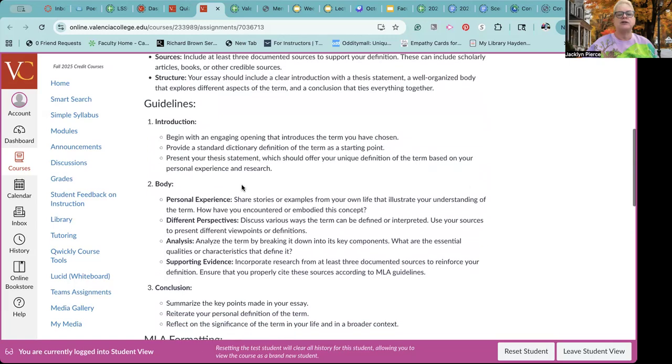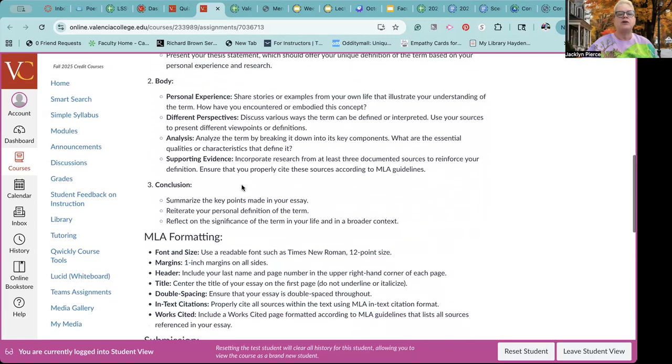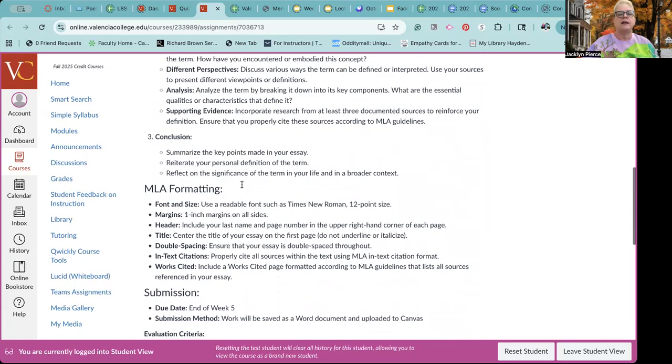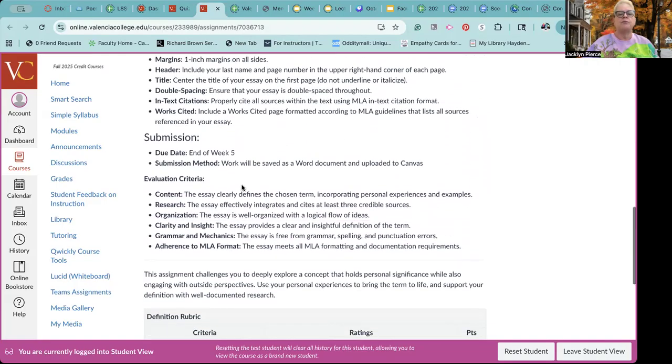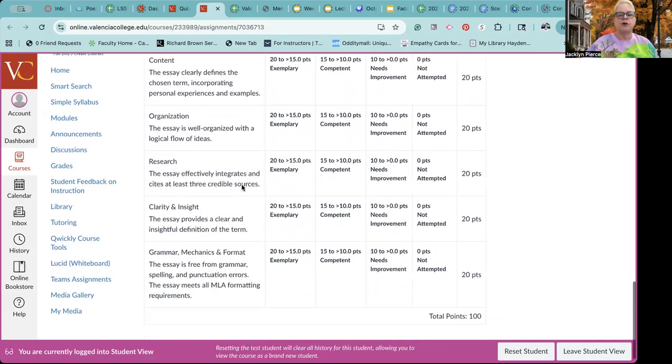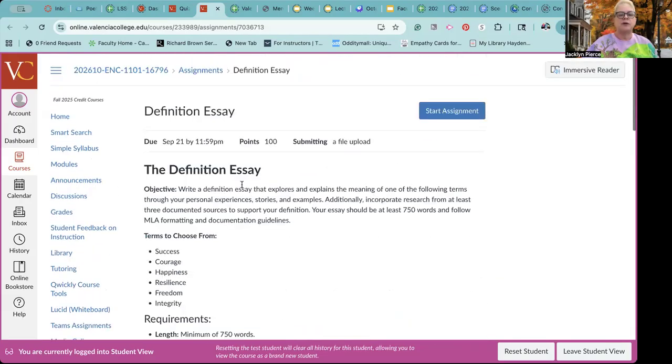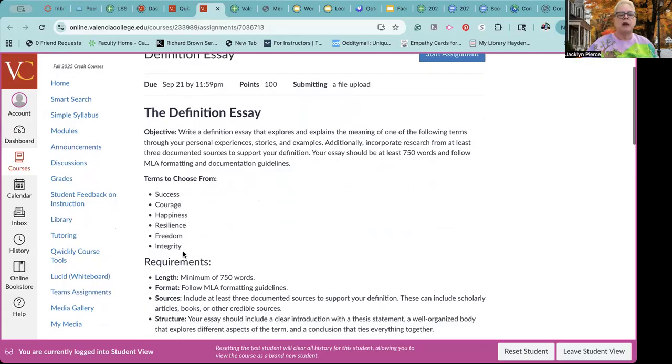And there's an outline here of what you might include in the body, in the conclusion, and so on and so forth. So do review this thoroughly as you are thinking about which of these you might pick. As I mentioned, you will possibly look at 3 of them before you narrow it down to 1. If you need some help with it, of course, let me know. But that's what is on tap for week 4.